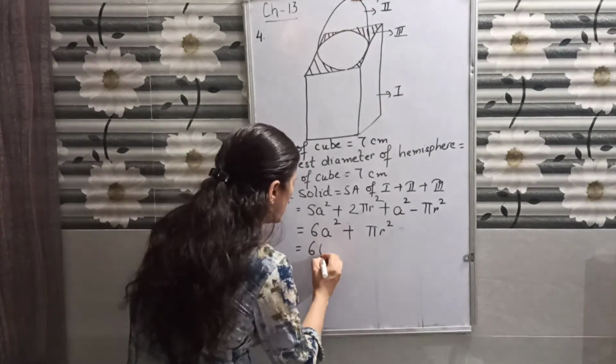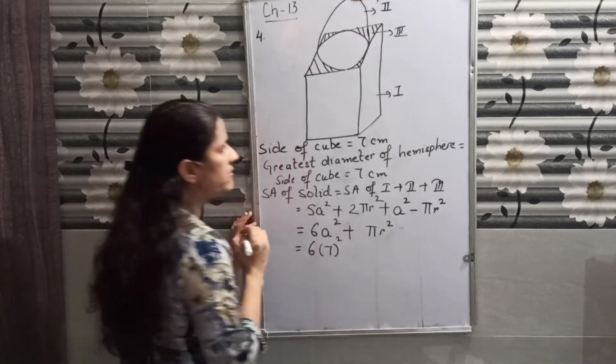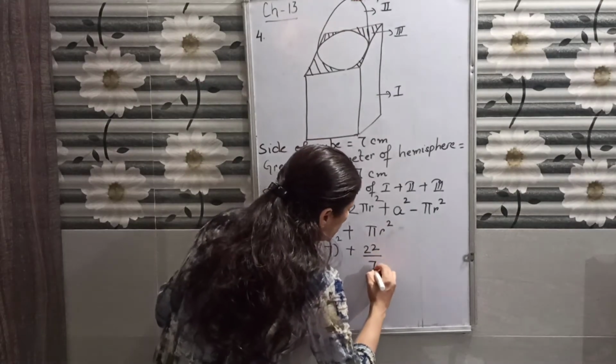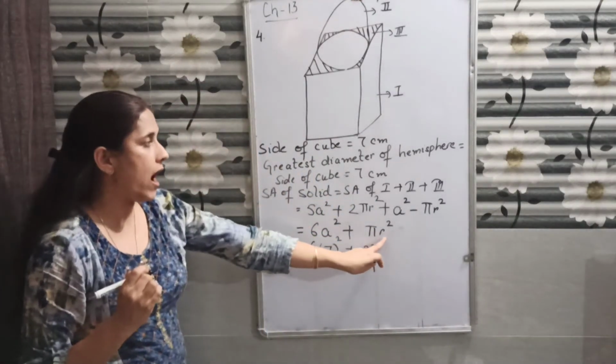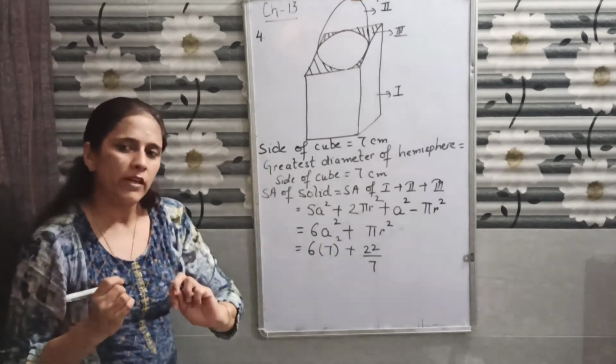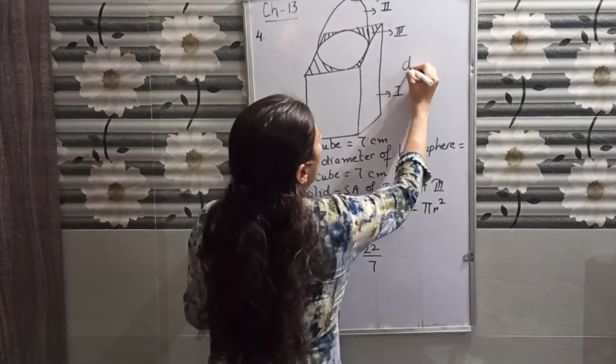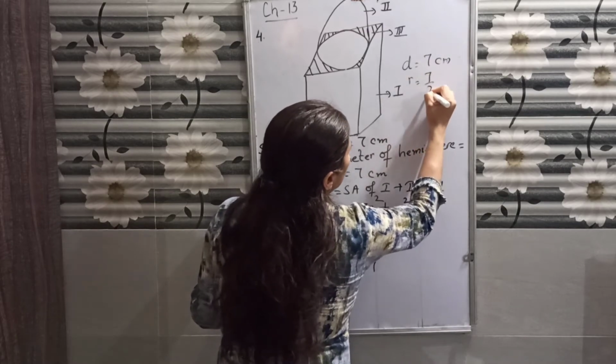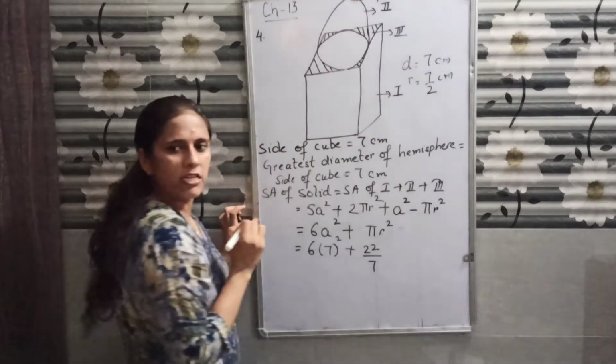Now your side is how much? 7 centimeter. So 6 into 7 square plus the value of pi, 22 by 7. Now r, as you know, the diameter is 7 centimeter, so the radius will be 7 by 2 centimeter.